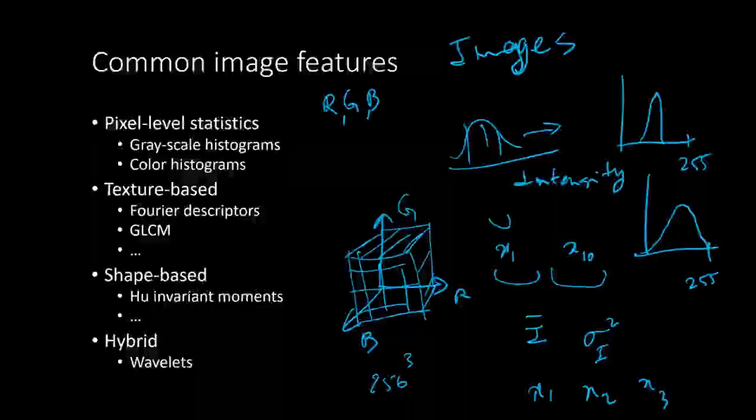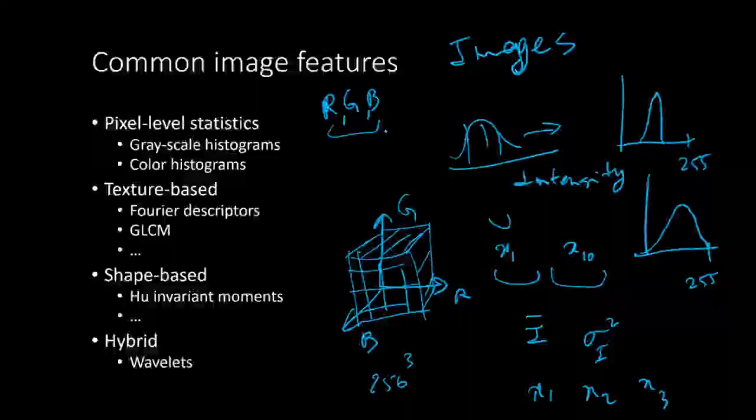And then if all of them are equal, then the color is not saturated. If one is much lower than the other two, or let's say the max of the three is much larger than the min of the three colors, then it is a saturated color.